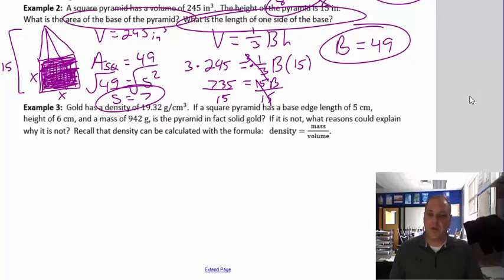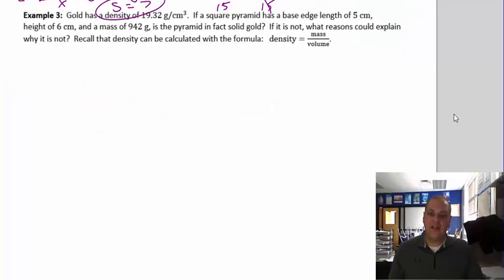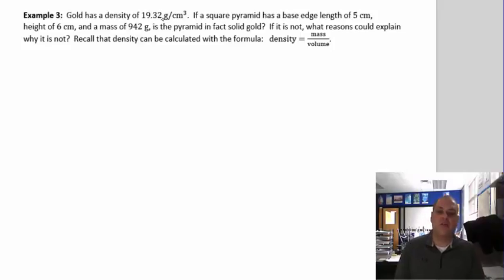All right, example 3 here. Gold has a density of 19.32 grams per cubic centimeter. If a square pyramid has a base edge of length 5, height of 6, and a mass of 942 grams, that's cool. Is the pyramid in fact solid gold?